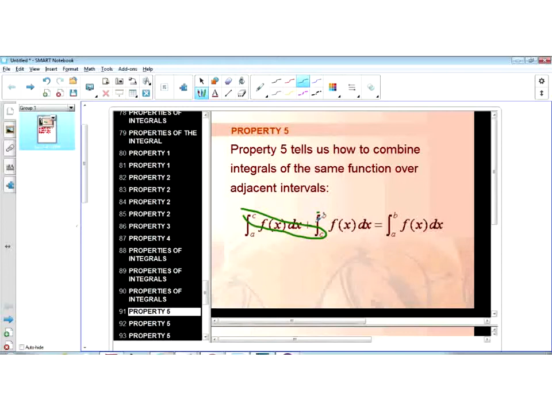And this might be particularly useful if a jump discontinuity exists at C. You basically can integrate around a jump discontinuity.